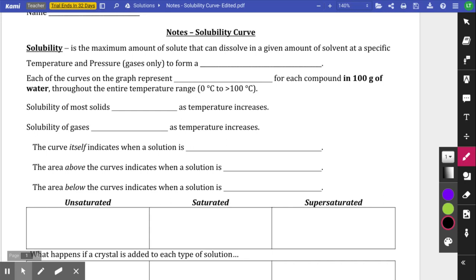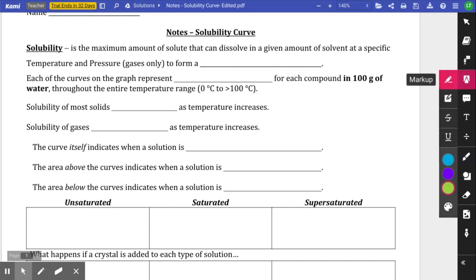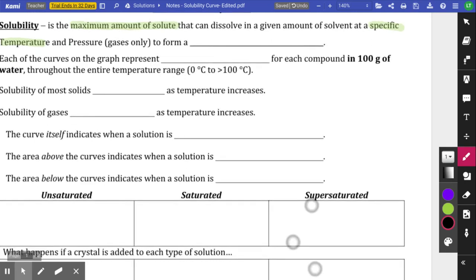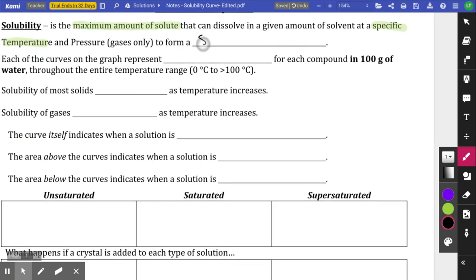So our definition of solubility for right now is the maximum amount of solute that can dissolve in a given amount of solvent at a specific temperature. That's true for everything. And pressure only relates to gases, and we'll talk about that in a little bit. So, how much solute can dissolve in a certain amount of solvent at a specific temperature and pressure to form a solution.